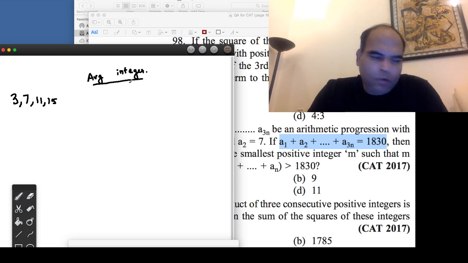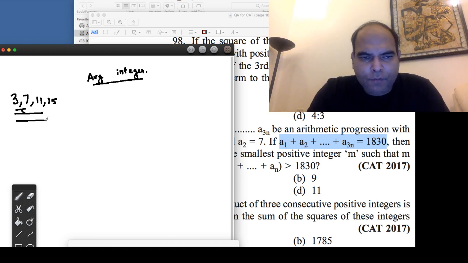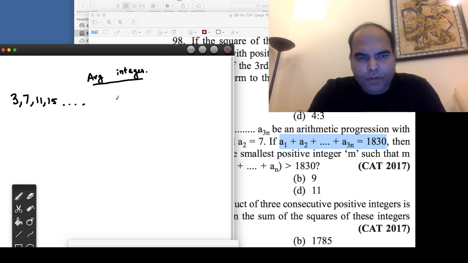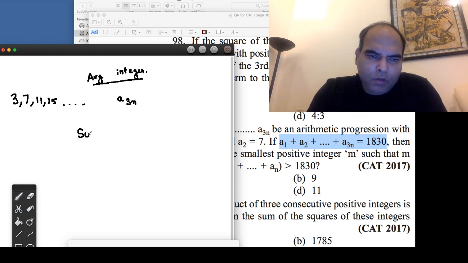The average of the series will always be an integer, because if I go for 2 terms, the average is 5. If I go for 3 terms, the average is 11. If I go for 4 terms, the average is 9. So whatever 3n you are taking, the average of this is always going to be an integer. And the sum of an AP is always given by number of terms of the AP into average.